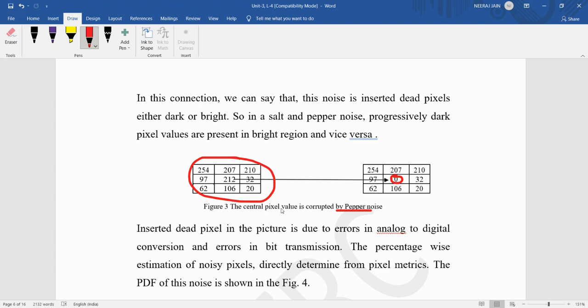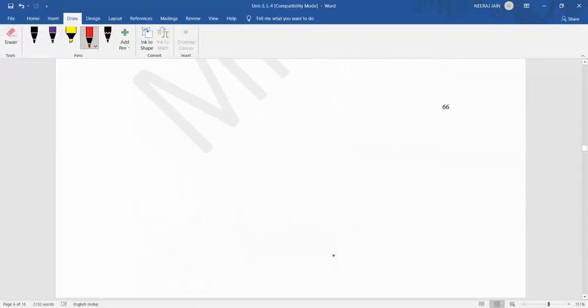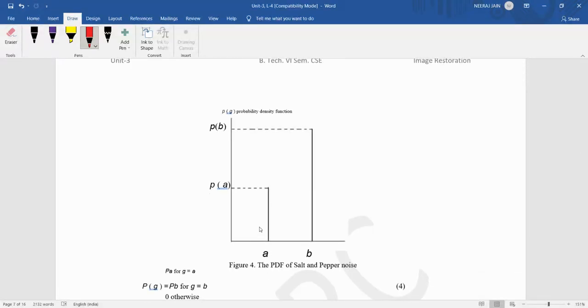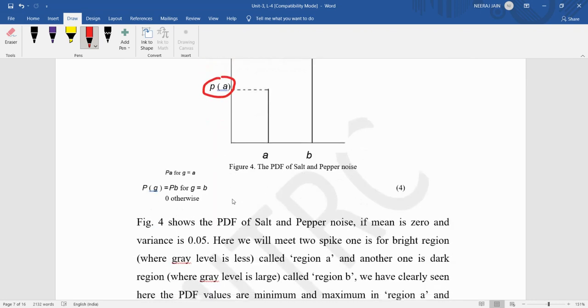The percentage-wise estimation of noisy pixels is directly determined from the pixel matrix. The PDF of this noise is also shown here. It has two PDFs, PA and PB.